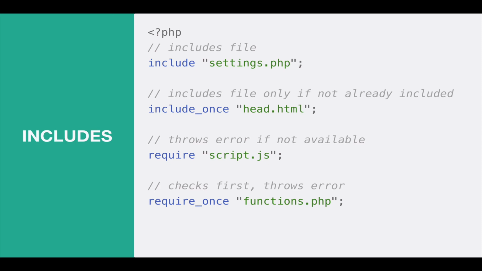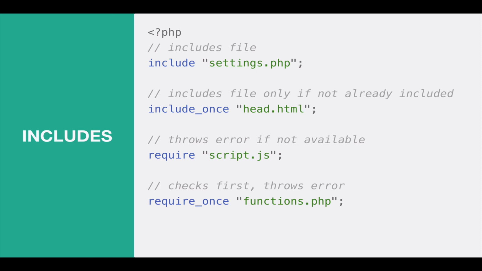You can include that file multiple times with include. With include_once, again, if the file doesn't exist, PHP will attempt to continue, but it will check to see if that file has been included already and it won't include it again. So it makes sure it only includes it once.